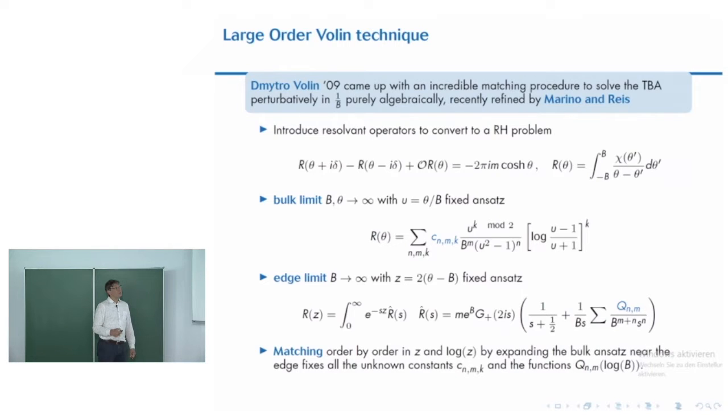And there's a bunch of unknown numbers here, C, N, M, and K, totally unknown. You can take a different limit where you take B to infinity, but now theta minus B fixed. And you can write down a different ansatz in this limit, again depending on some unknown numbers, Q's. So we've got unknown numbers C, unknown numbers Q, and a really nasty integral equation.